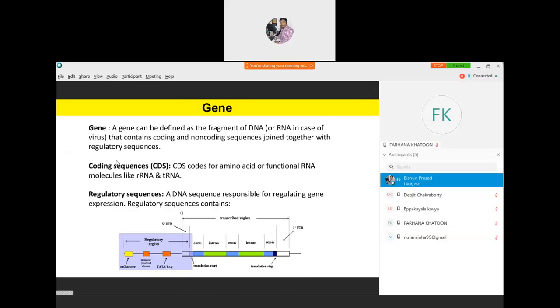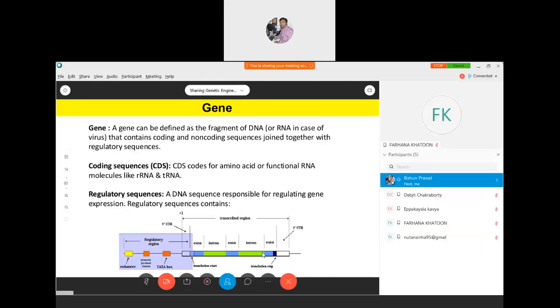The very important regulatory sequences, as you all know, are the promoter sequences and the terminator sequences. So a gene is a fragment of DNA which consists of protein as well as regulatory sequences, and it codes for either amino acids or functional RNA. If you look at this diagram, you will find that it contains the promoter sequences and the protein sequences.